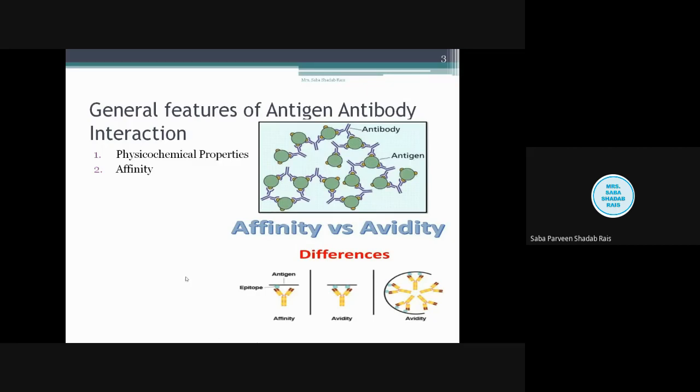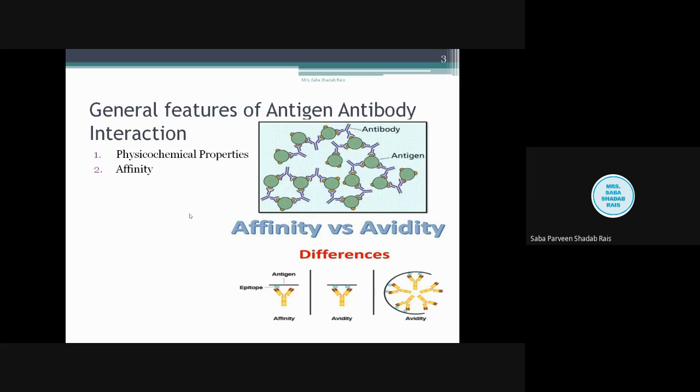So the epitope region is attracted by the paratope region. If they have a low affinity antibody, they will bind weakly. Why does this low affinity occur? Because the antigen is different, so definitely their epitope region will also be different, but it is a little bit of a match.